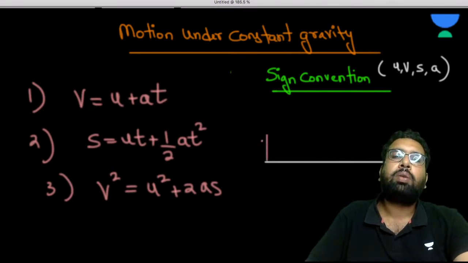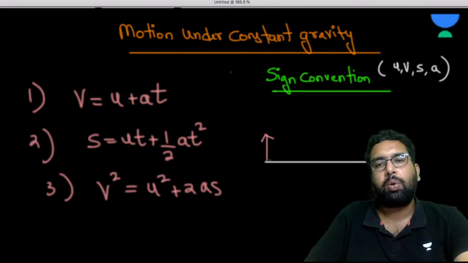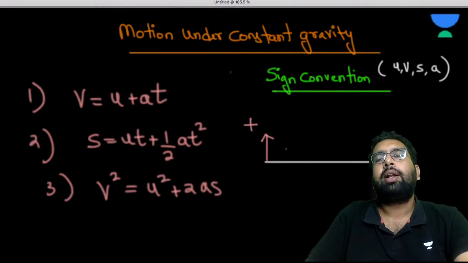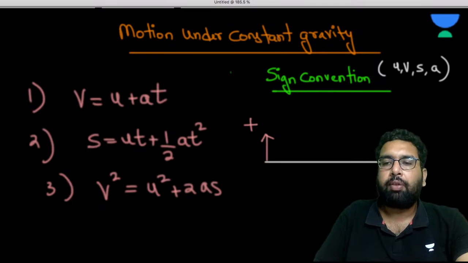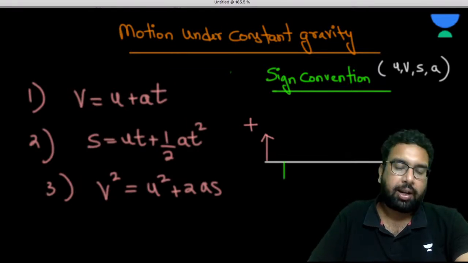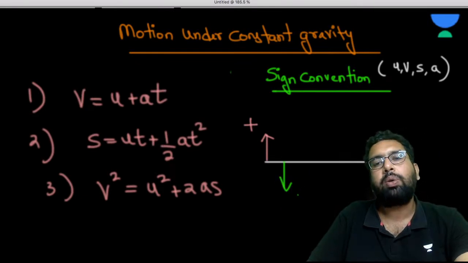Whatever vector is in the upward direction from some reference, we are going to take it positive, let it be displacement, velocity, or acceleration. And when something is in the downward direction from this reference, we are going to take it as negative.